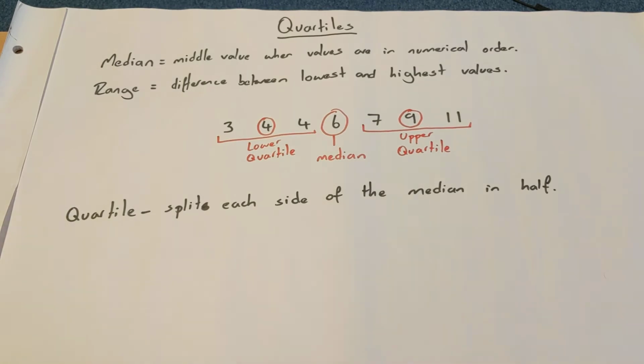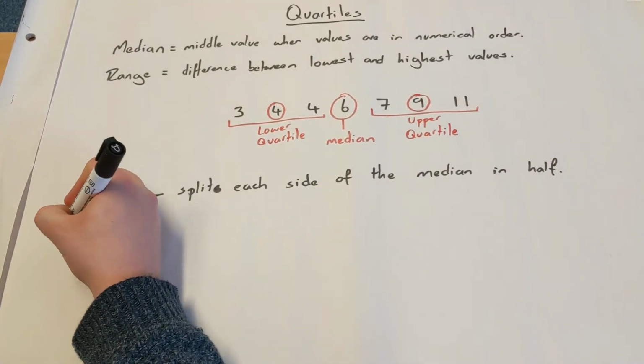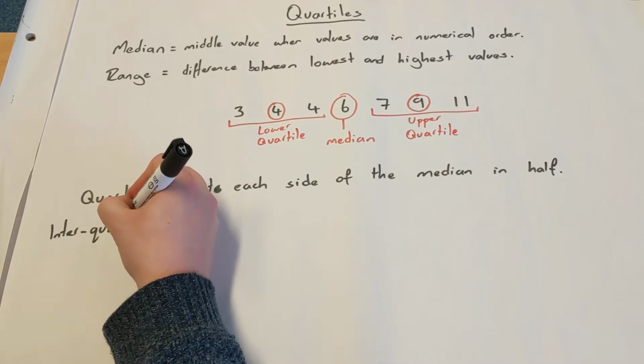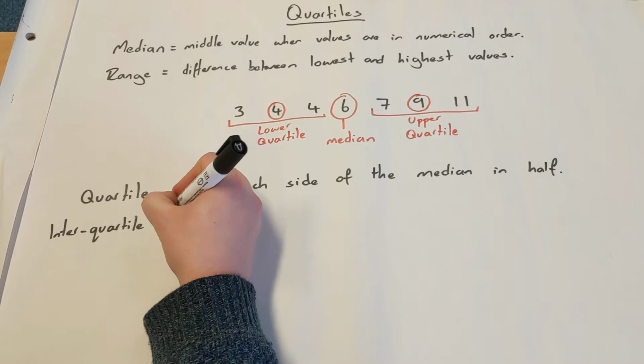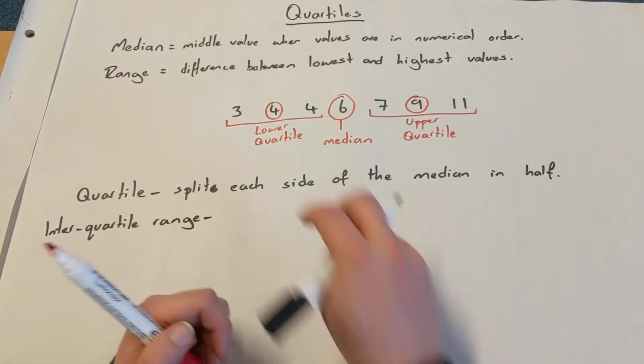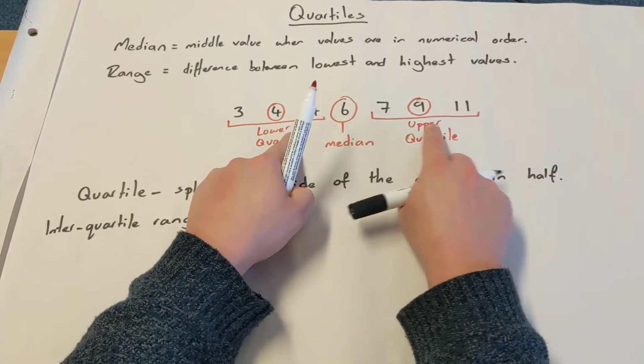But what we also want to be able to do is the interquartile range and the semi-interquartile range. So first, the interquartile range. That's basically the range, the difference between the highest and lowest, but between the quartiles.